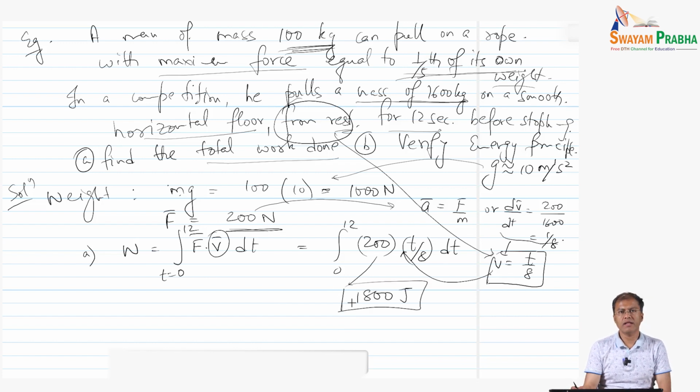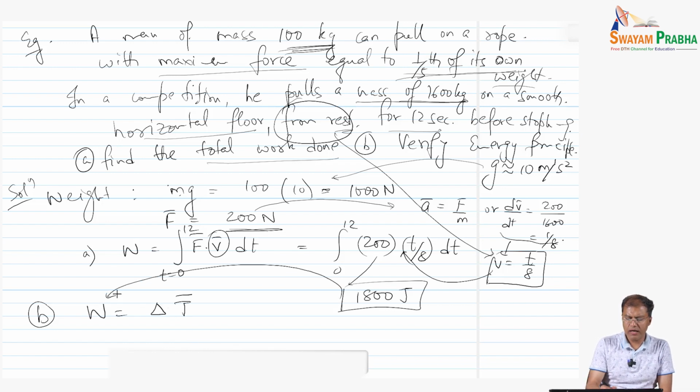Now the second part says that we need to verify the energy principle. Basically we have to show that the work done W is equal to the change in the kinetic energy. The work done is already found to be 1800 joules. Now let us find the change in kinetic energy, which is T2 minus T1.